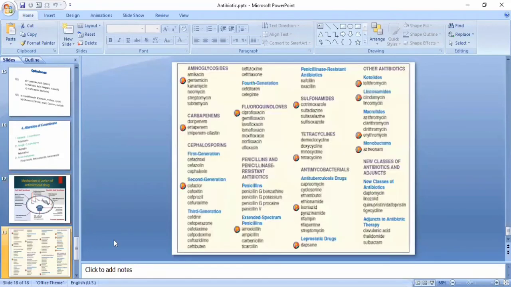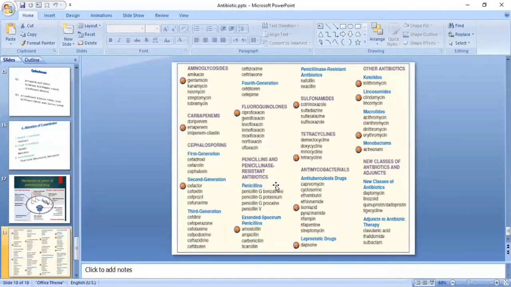This one is the tabular form of the antibiotics, the different classes of antibiotics: the aminoglycosides, the carbapenems, then the cephalosporins, the first generation, second, third, and fourth, and the fluoroquinolones, another important group, which encompasses different antibiotics.